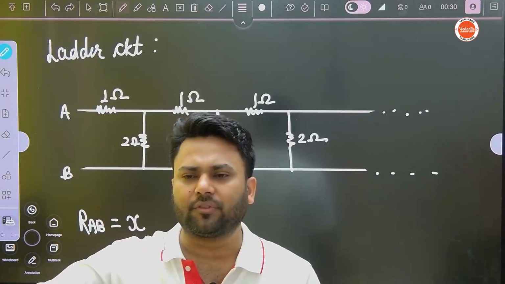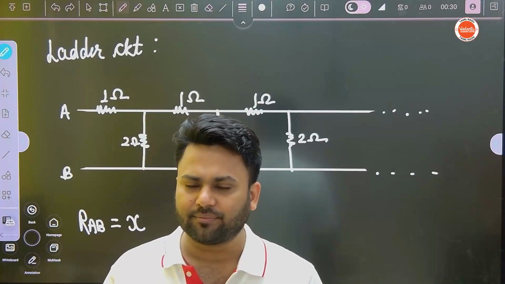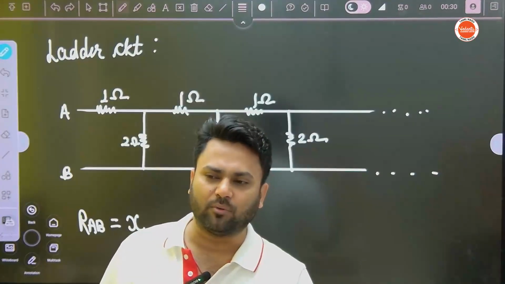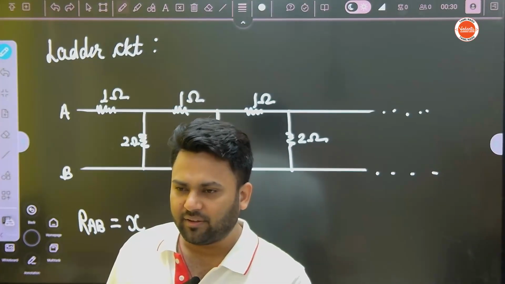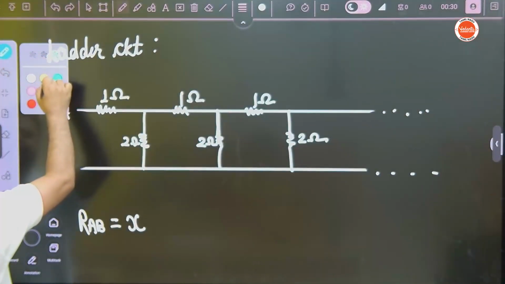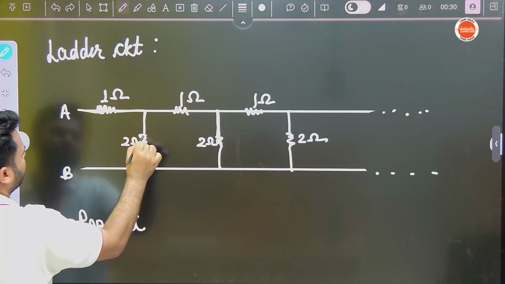If I take one ball, still you will have infinite. There will be no change in the answer. Means if you have infinite items, if I take one item out, still your answer will be infinite. In ladder circuit, what we do now? First we see the pattern. What is the pattern? Like see, this is 1, this is 2.